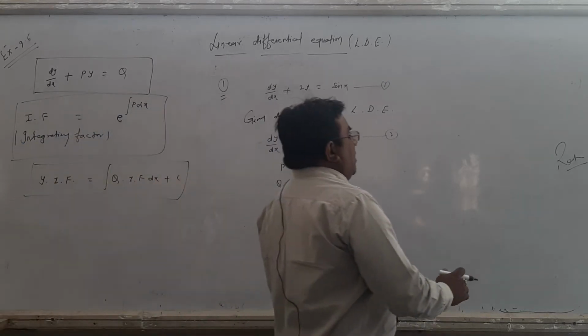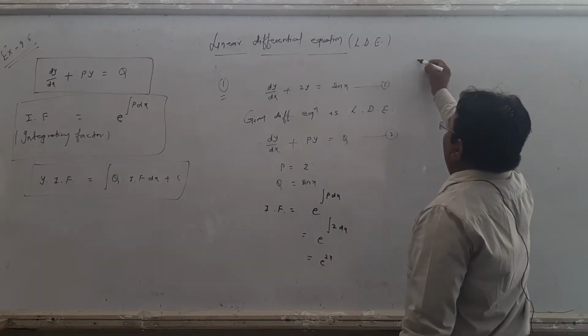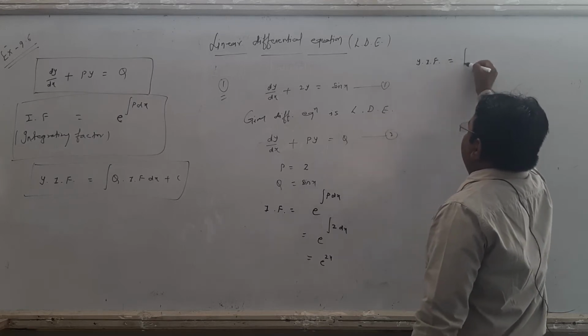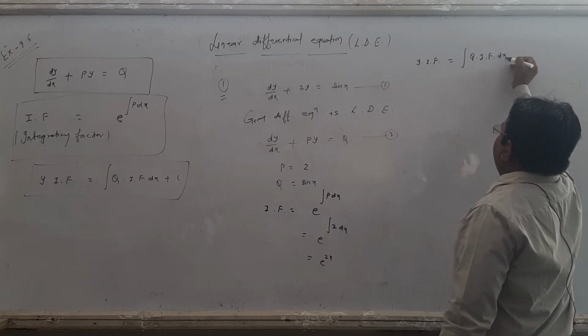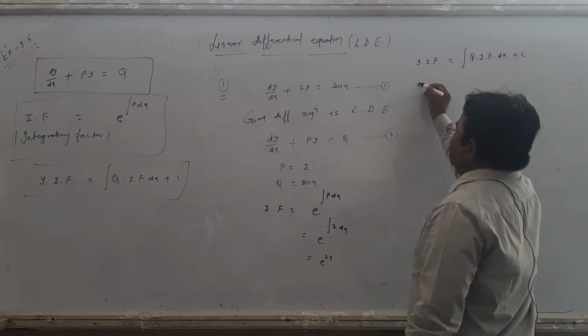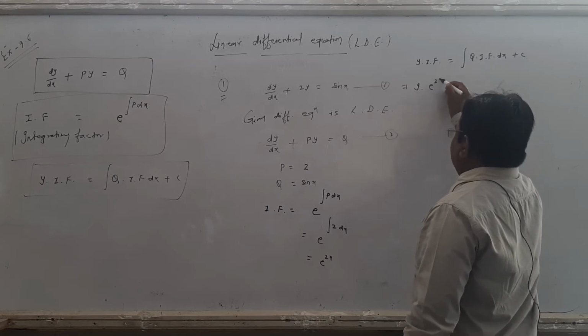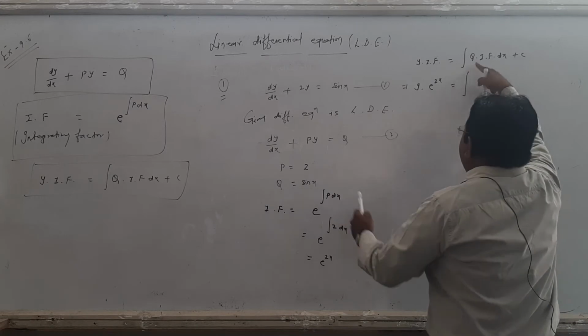And second thing, now apply the general formula of linear differential equation: y into IF equals to integration of q into IF dx plus c. Now y as it is, what is IF? Then IF is e raised to power 2x, equals to integration. What is q? q is sin x.